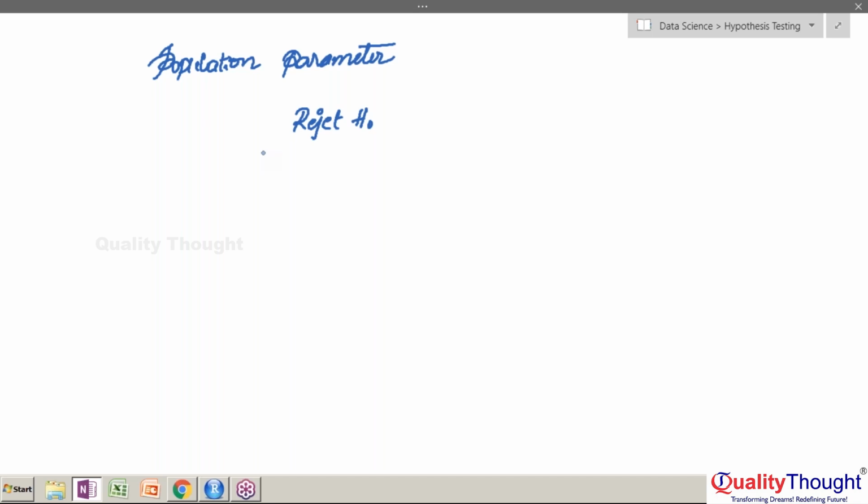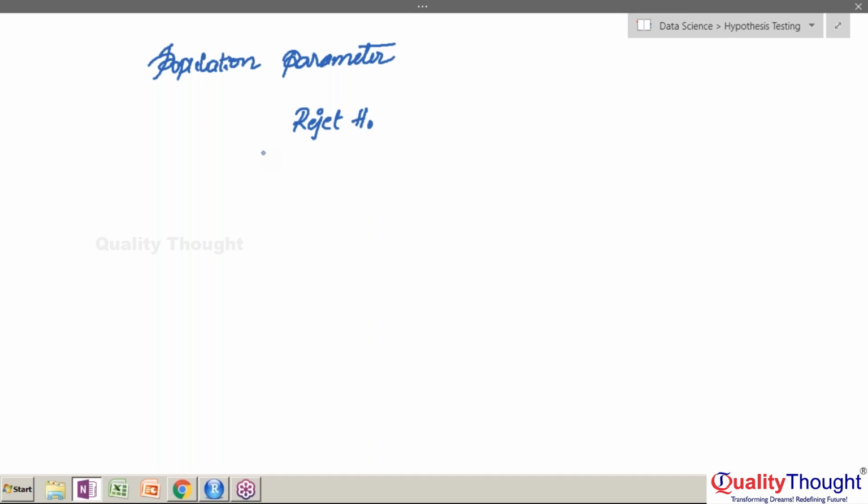Okay, so in hypothesis testing you will have two types of hypothesis. One is the null hypothesis and the other is the alternate hypothesis. Whenever I say the average price of the notebooks they have been selling for the past 1 year is 28 rupees, that statement about this population parameter is assumed to be true.